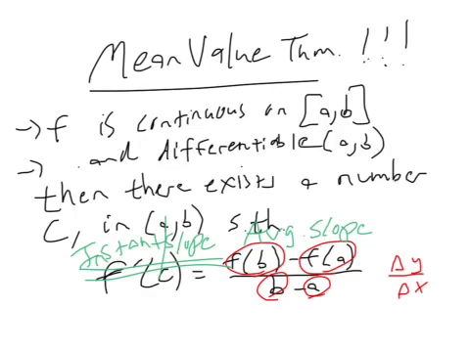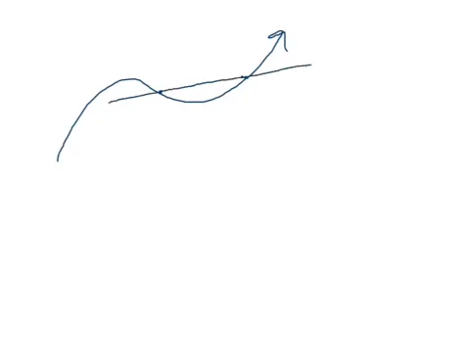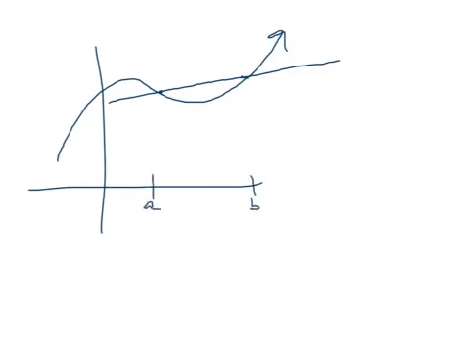Let me show you that. Let's see it on a graph. So if this were your curve, and you're looking at it from, I don't know, here to here, and you say, what is the average slope from this A to B?